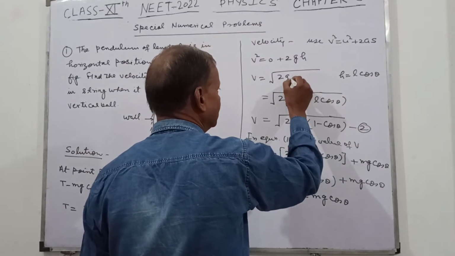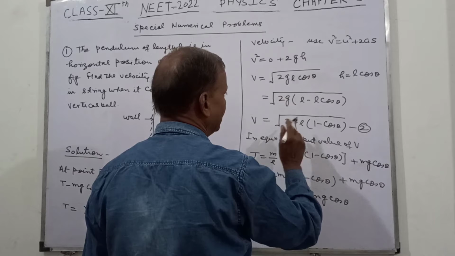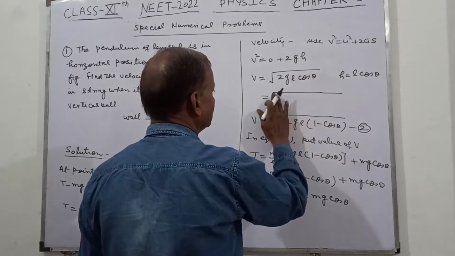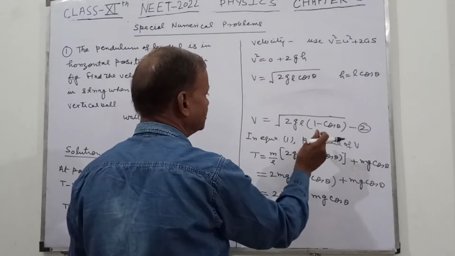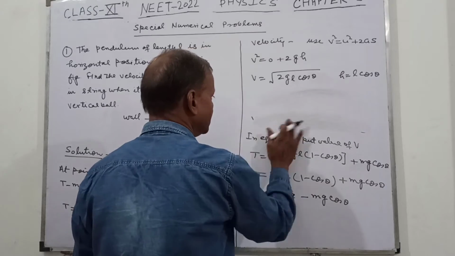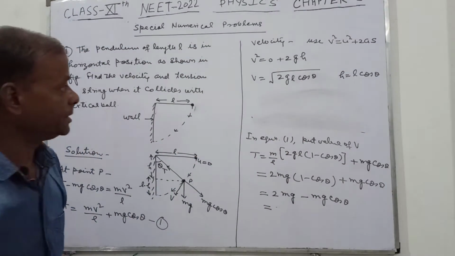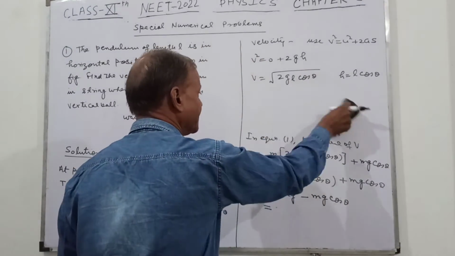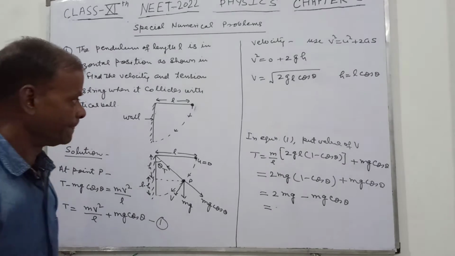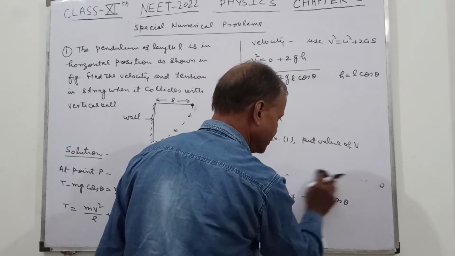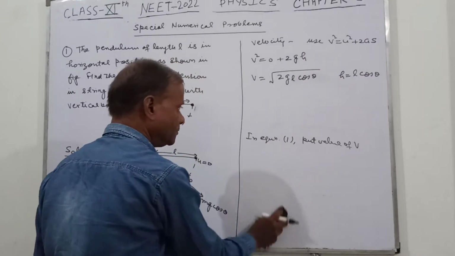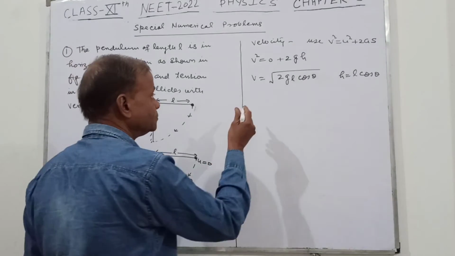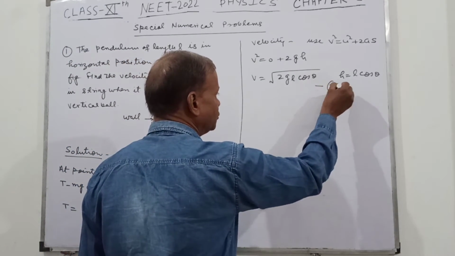In place of h, we will write L cos theta. This is equation 2.